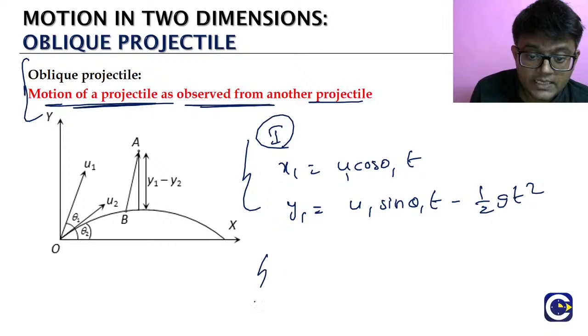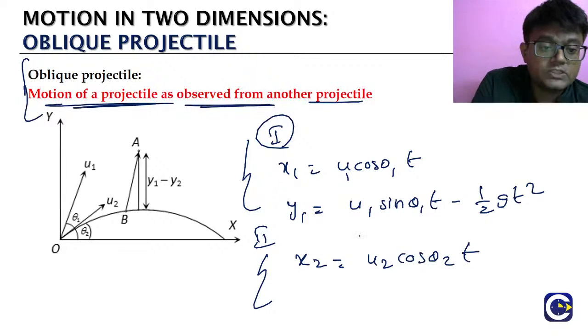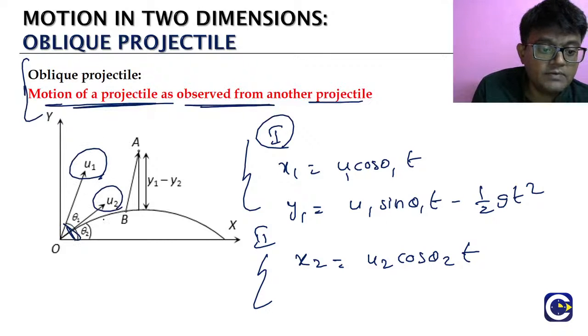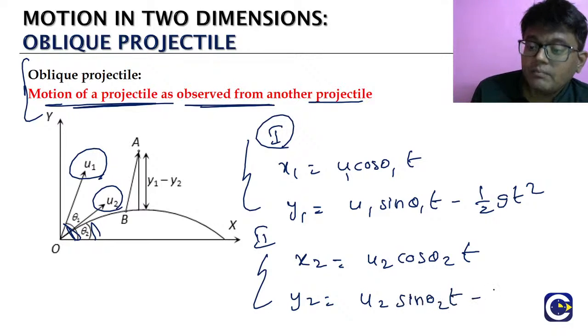And அதே மாதிரி இங்க பாருங்க, if you talk about the projectile 2, அதோட x coordinate na, it will be u2 cos theta 2 into t. So we are assuming first projectile, அதோட velocity is u1, angle is theta 1. Second projectile velocity is u2, angle is theta 2. அப்படி, okay வா? Then corresponding y coordinate, y2 will be equal to u2 sin theta 2 into t minus half gt square.